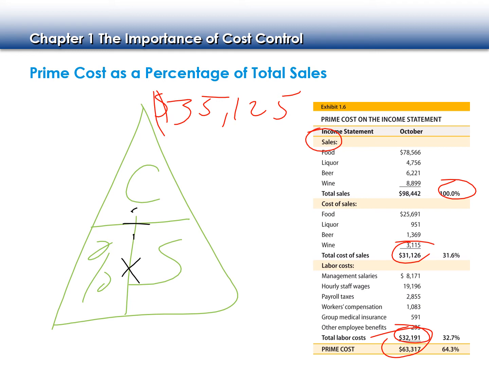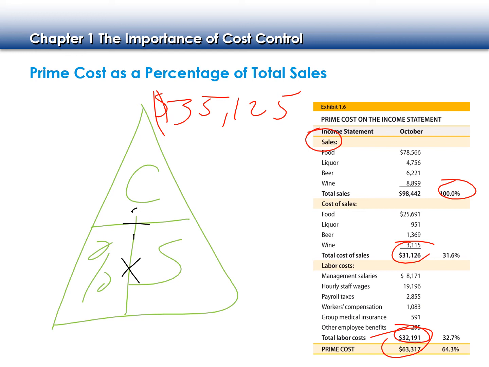No. What's left? My rent, my utilities, my depreciation, my taxes, my interest. So that $98,000, that's close to $100,000. If I could lower this to 31.7%, I get almost an extra $1,000 back.